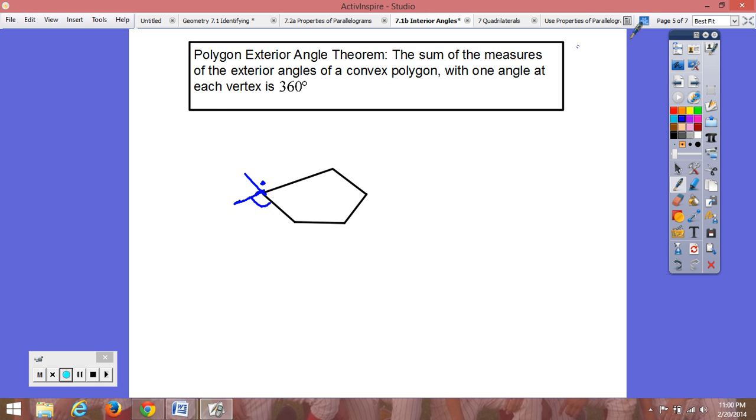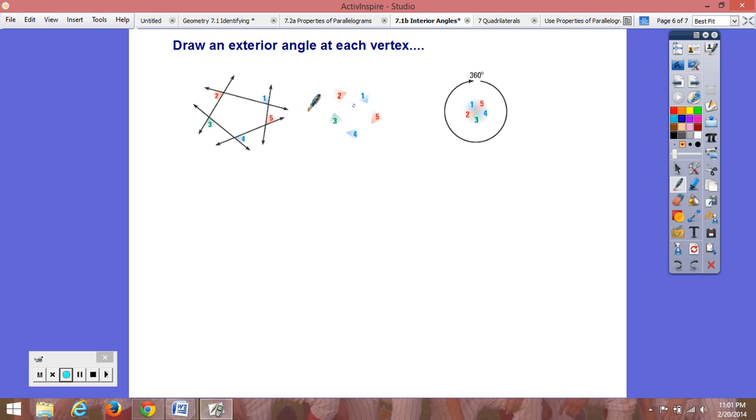And to help you better visualize this, look at this diagram. If we draw an exterior angle at each vertex, so we just extend every side length, and if we choose this angle, we have to choose that angle for each one. We can't be using this one.